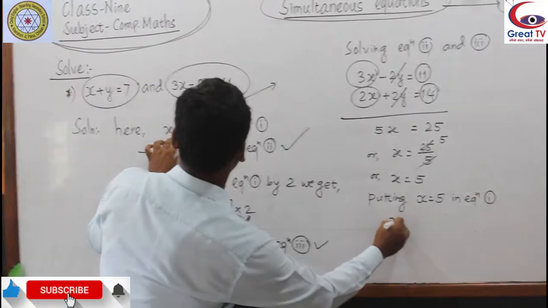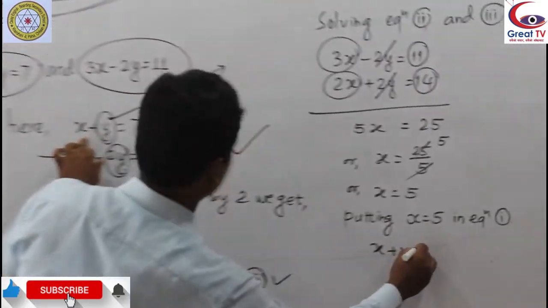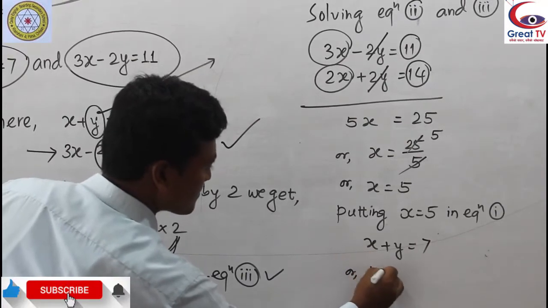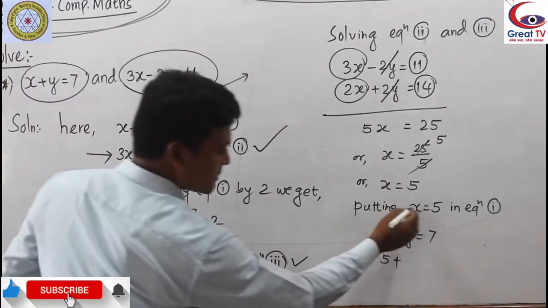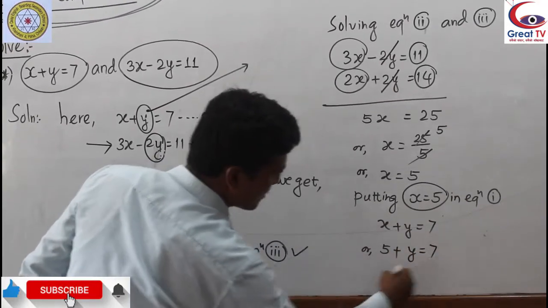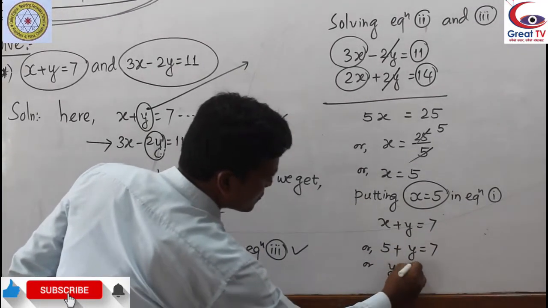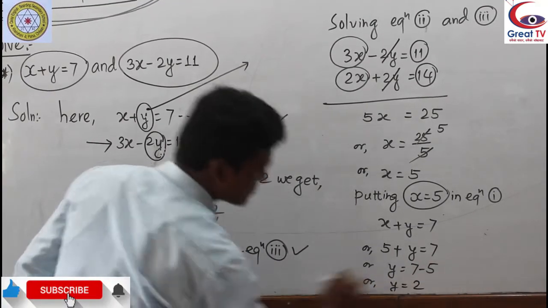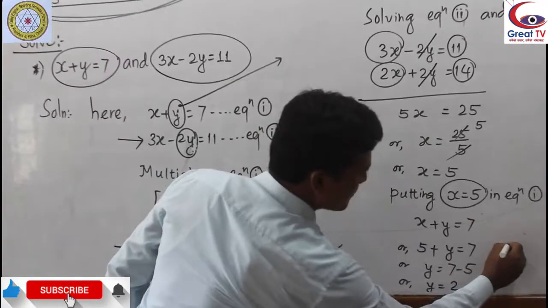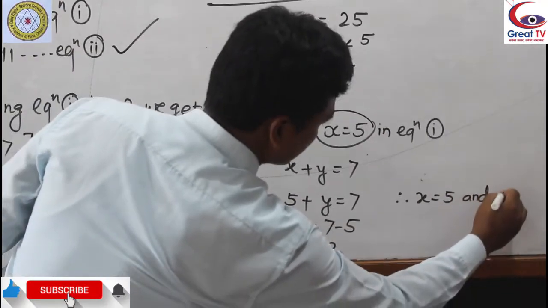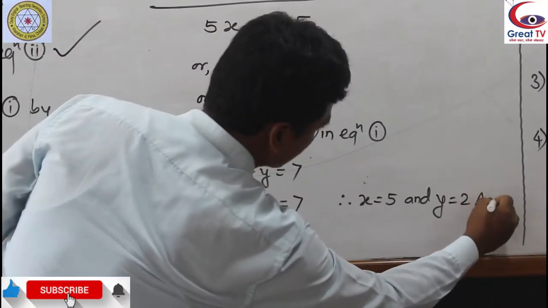We have x plus y equals 7. Where x is 5, x value 5, put 5 over here. 5 plus y equals 7, so y equals 7 minus 5, which gives y equals 2. Therefore, x equals 5 and y equals 2 is the answer.